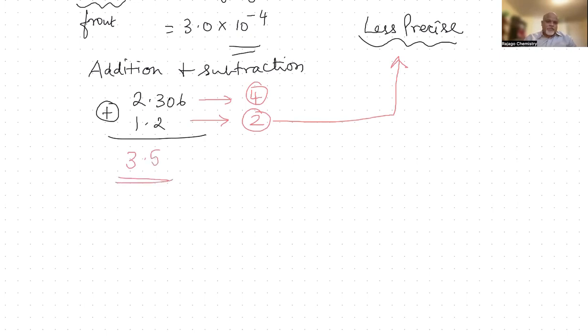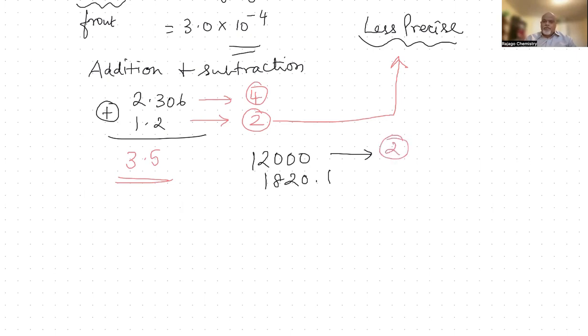Now let's look at another example. 12,000, and then I have another value, 1820.1. The first one has two significant values.